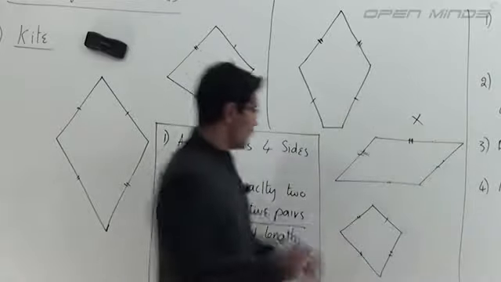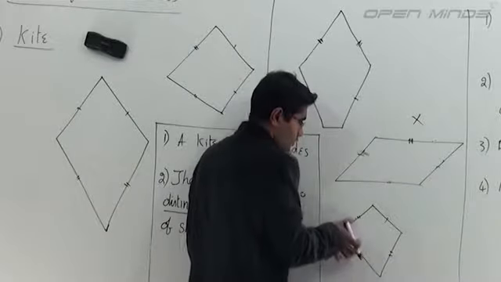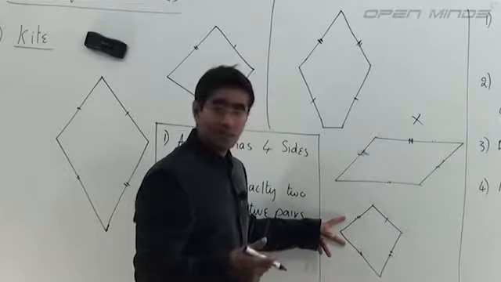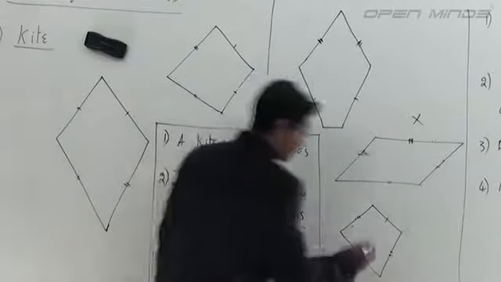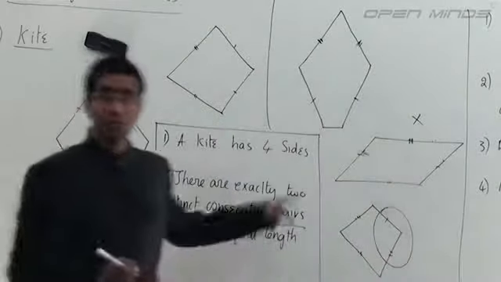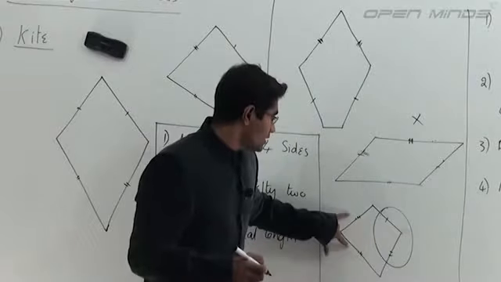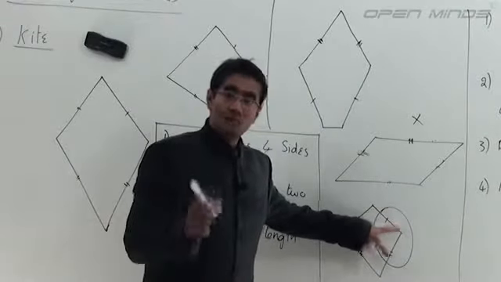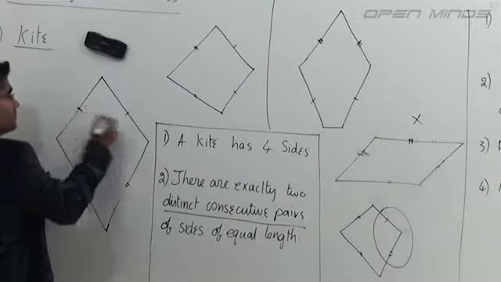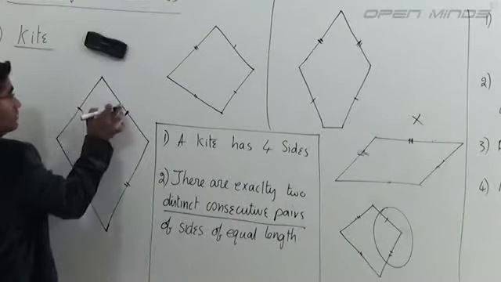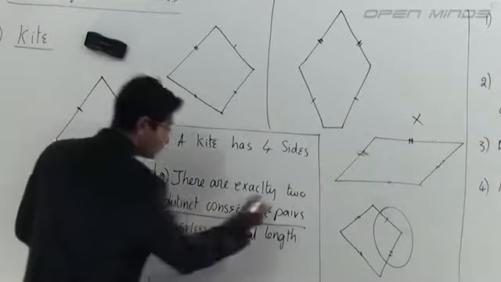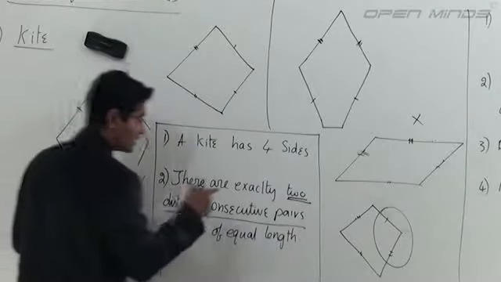What about this one? Though these two are consecutive and equal in length, it doesn't make this a kite. Why? Because the other two also have to be equal in length. In the proper case, these two are consecutive and equal, and these two are consecutive and equal.